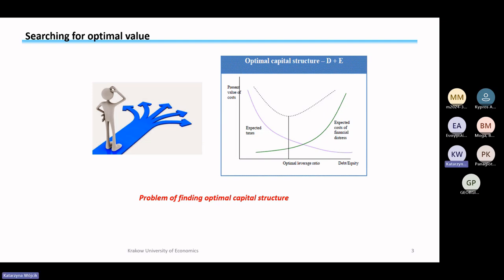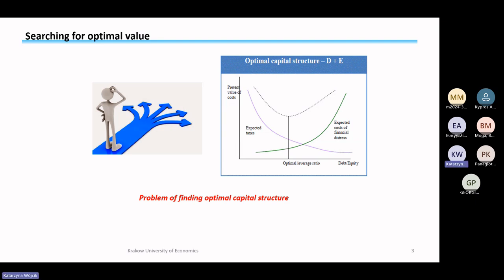So the optimal point at which, no, not point, the structure. Optimal structure of capital. So different types of investments that we have. Some of the investments have a higher risk, but also the higher return ratio.